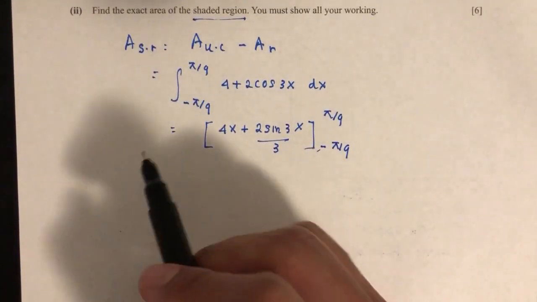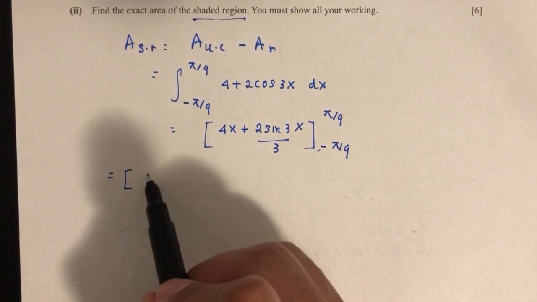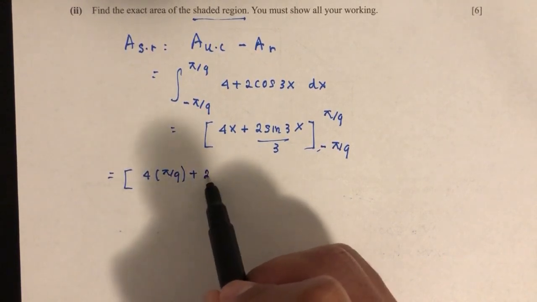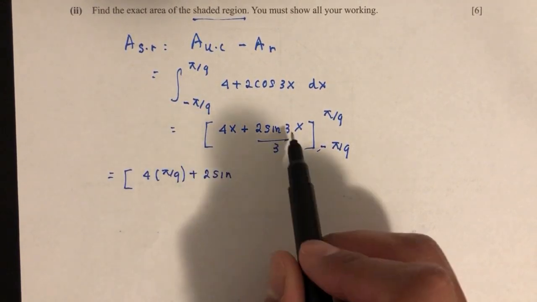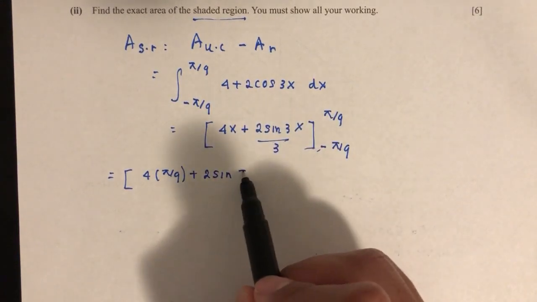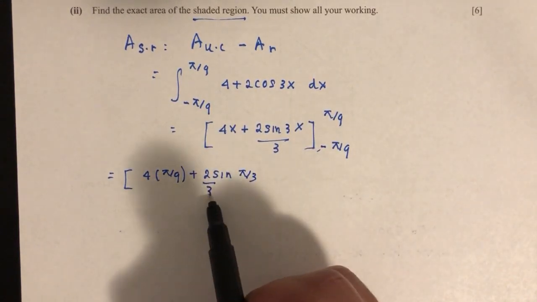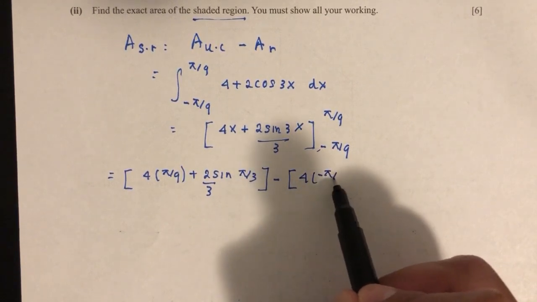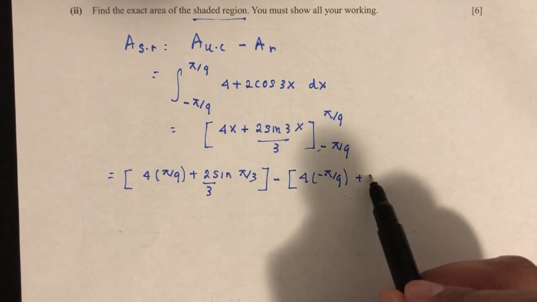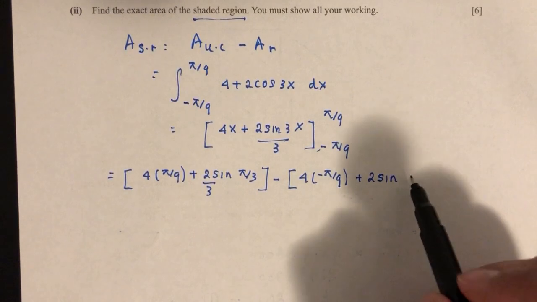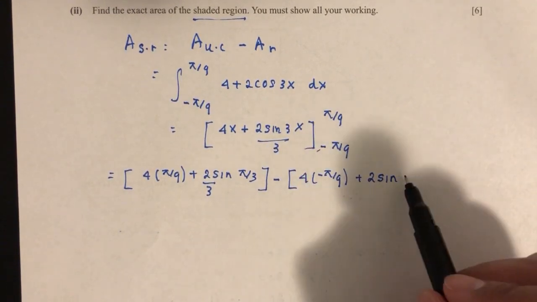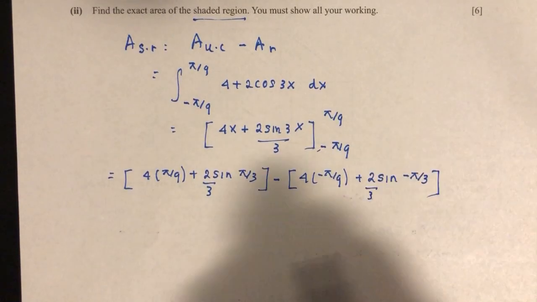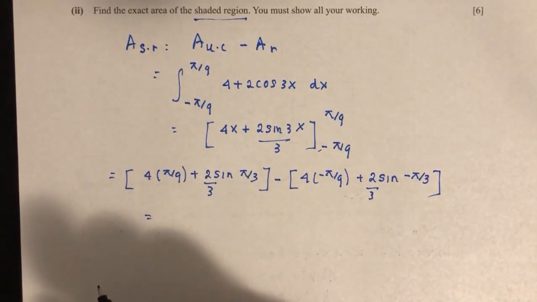So let's replace and find the value. So this will become 4 pi by 9 plus 2 sine 3 times pi by 9, that is pi by 3, divided by 3, minus 4 times minus pi by 9 plus 2 sine of minus pi by 3 divided by 3.